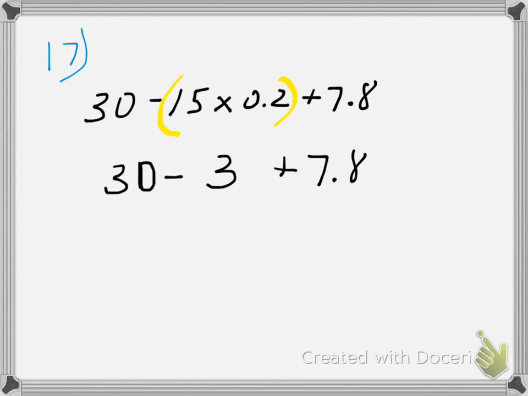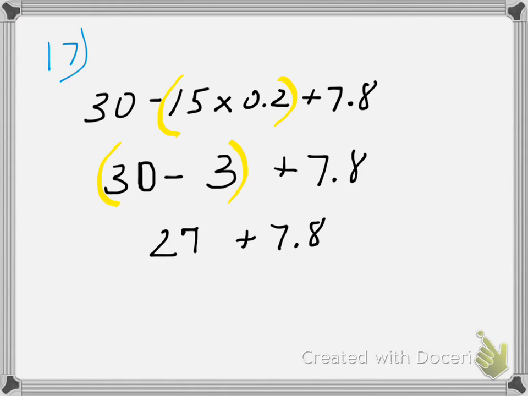And then we work in order, since it's adding and subtracting left to right. So first of all, we have to do the 30 minus the 3. So once again, we don't add and then subtract first. We add or subtract whichever comes first. So 30 minus 3 gives us 27. Then we bring down the 7.8.